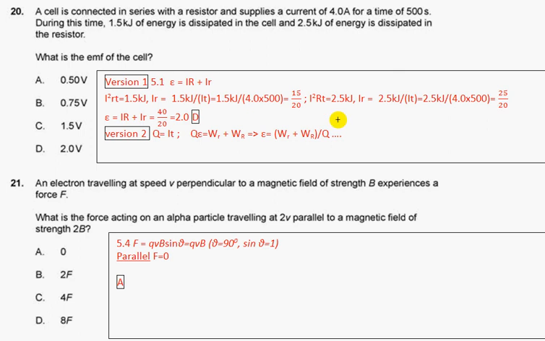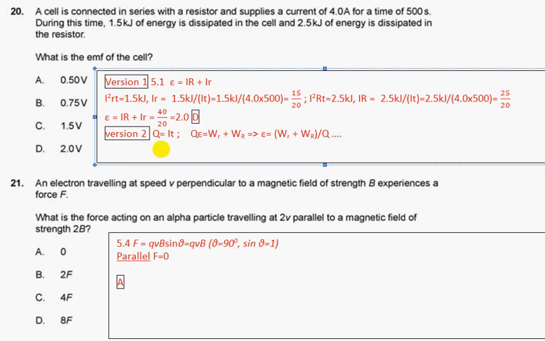The same for IR when R is big. When R is big, we get these two fractions, and then using this formula we add these fractions and we get 2. Answer D.